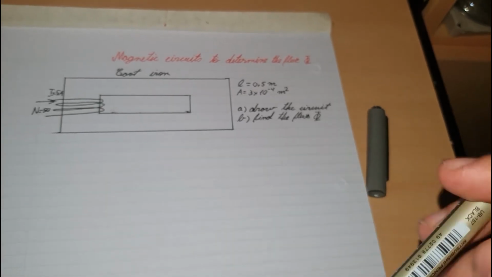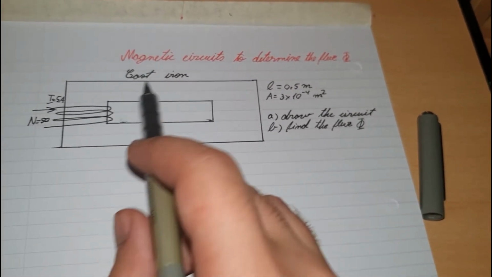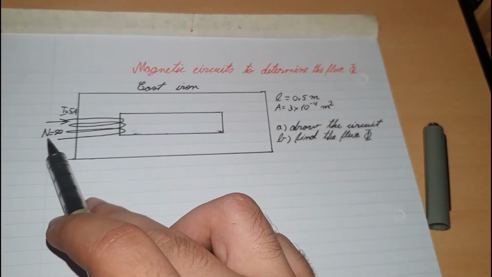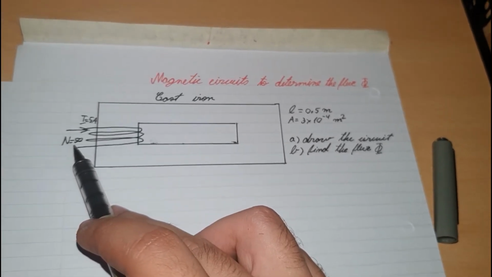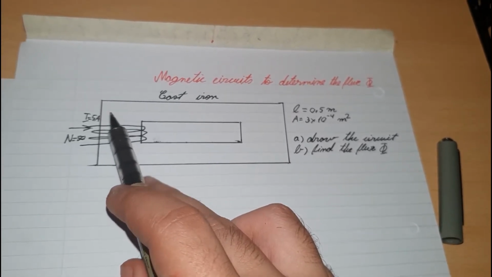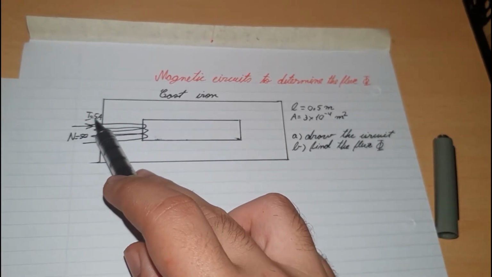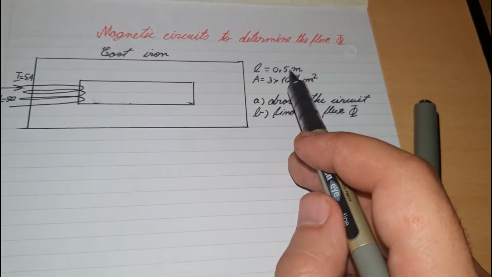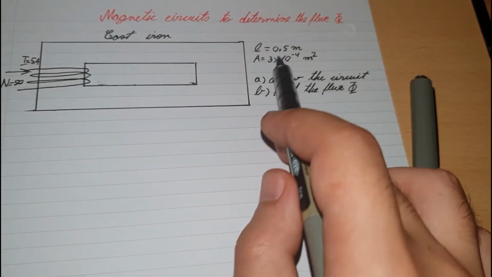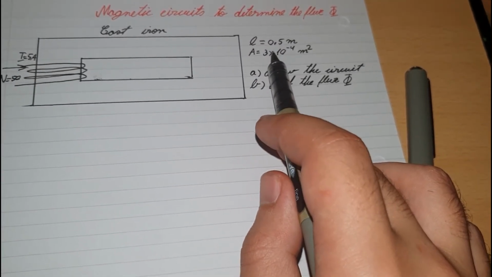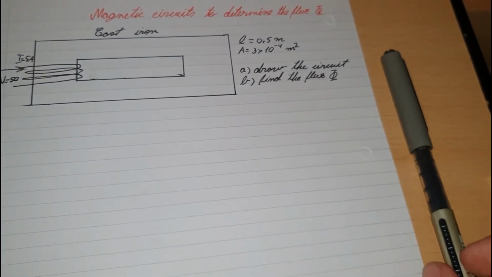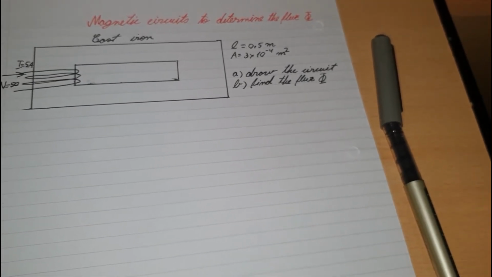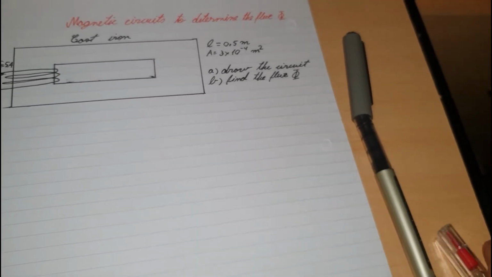Anyway, okay, so what have we been given? Well, we know this is made out of cast iron, we know this has 50 turns around it, and we also know this has 5 milliamps. We know the length of this one is 0.5, and the area is 3 times 10 to the power of minus 4.